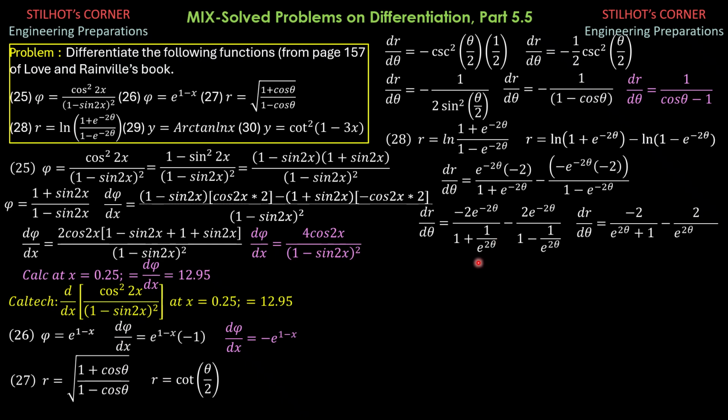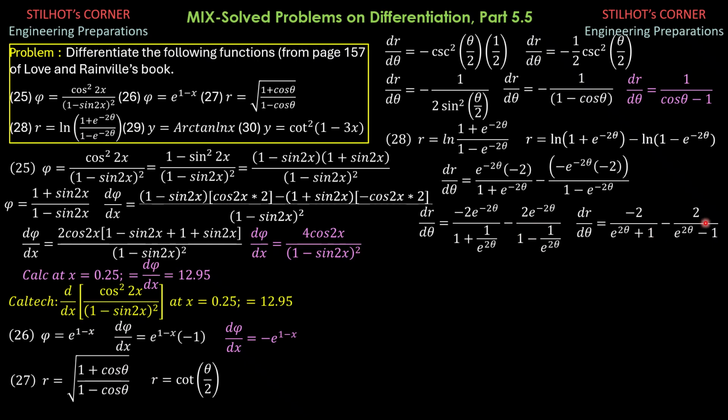And since the denominator of this denominator is shifted into the numerator, and e to the negative 2 theta times e to the 2 theta is just 1, e to the 0 is 1. So that's why you have negative 2 left in the numerator here. Same is true in the second term.